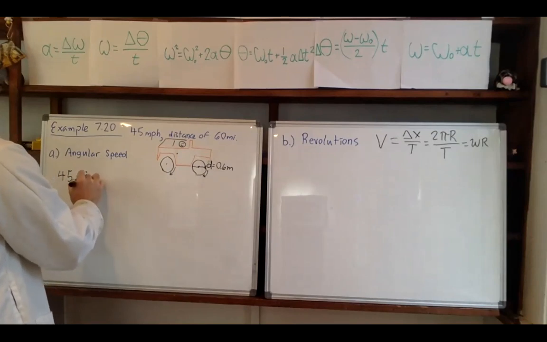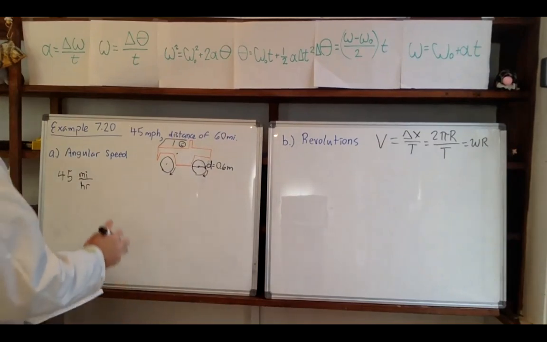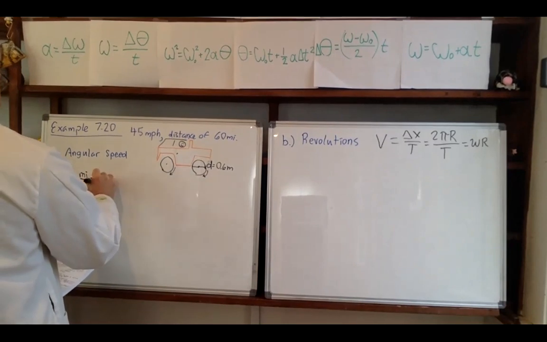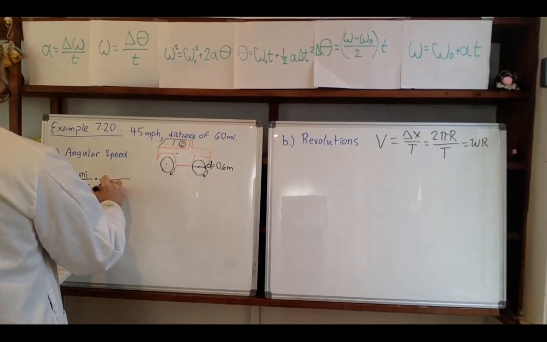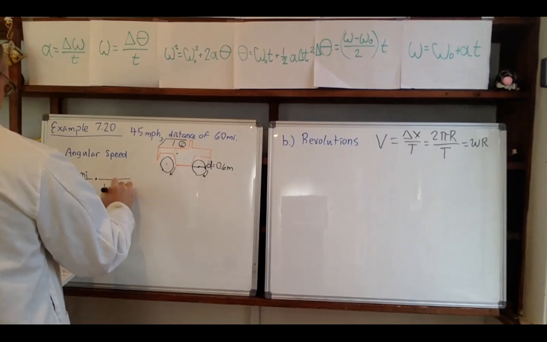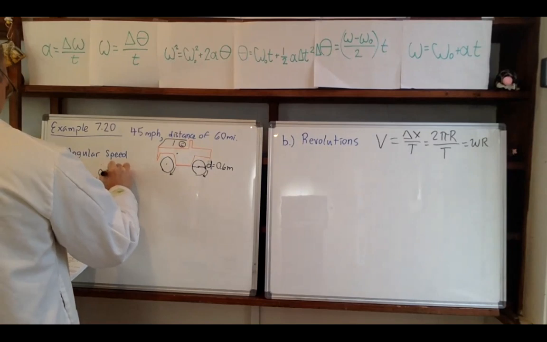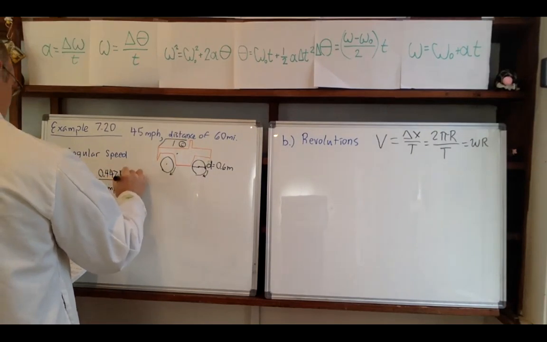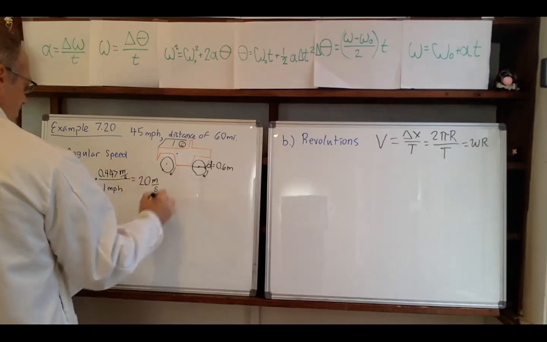Which could be written out as miles over hours. And because we want this to be in meters per second, we know that 1 mile per hour is equal to 0.447 meters per second, so you're traveling at around 20 meters per second.